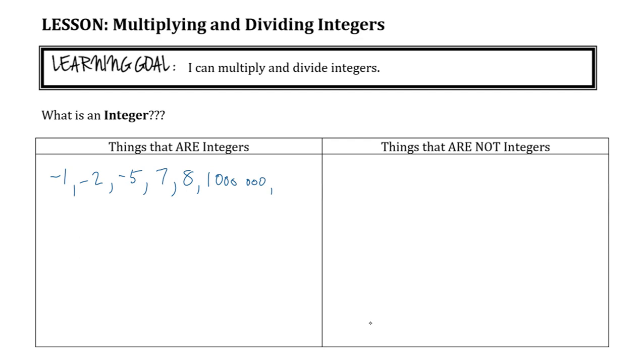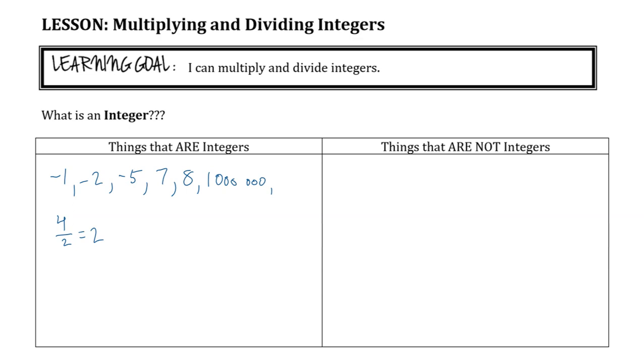Here's a tricky one. Is that an integer? Well, it's equal to 2. 4 divided by 2 is 2. So in the form that it's in, it's actually not an integer because integers are not fractions. Integers are not fractions or decimals, but that's a tricky one. Again, I'm never going to try to trick you and ask if that's an integer or not for marks.